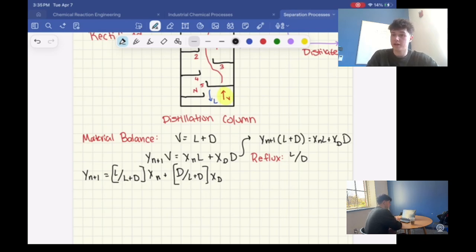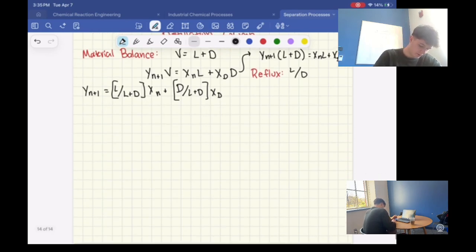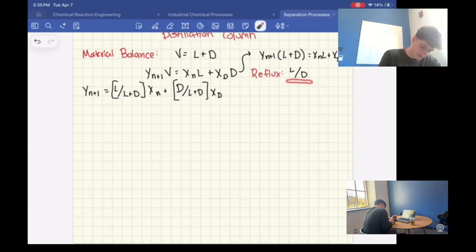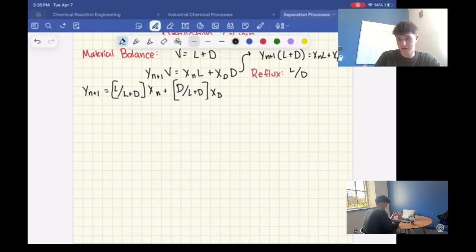So now we will be finding the operating line equation for our rectifying portion. And so as I just mentioned, we have this reflux equation and we want to sub this into here. Now to do this, after you complete all of your algebra, I'm going to skip that part just to avoid mistakes and save time.